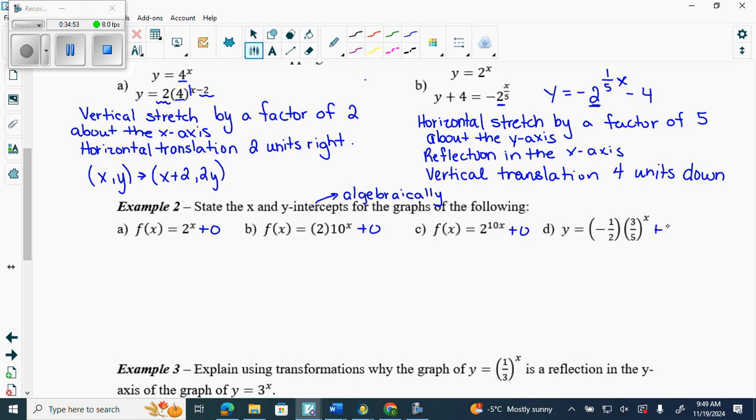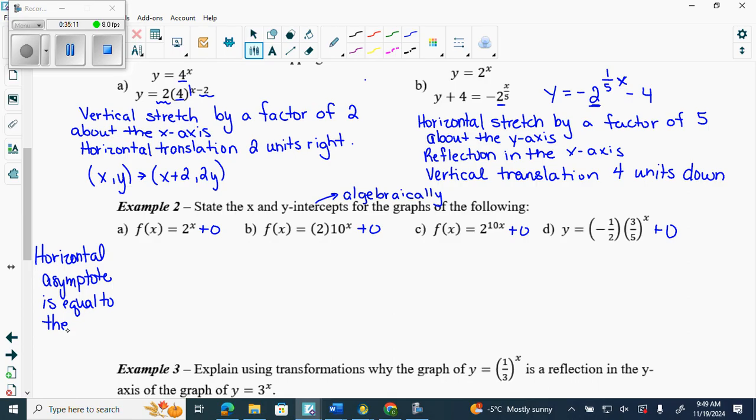What about this one? Did you know that the horizontal asymptote, write this down, is equal to what?